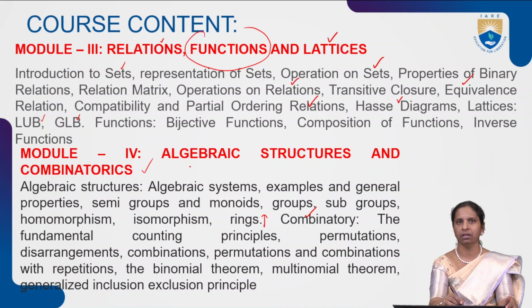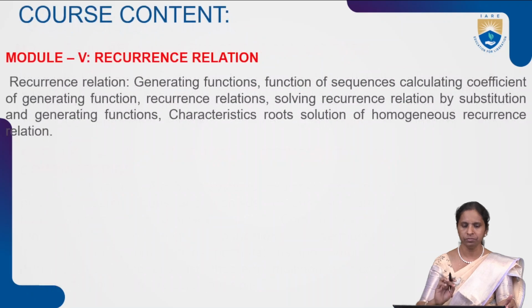And coming to the second half, combinatorics: we are going to discuss the fundamental counting principle, permutations and combinations, permutations and combinations without repetition as well as with repetitions. Then we'll study theorems like the binomial theorem, multinomial theorem, and the generalized inclusion-exclusion principle. So these topics will be discussed in the fourth module.